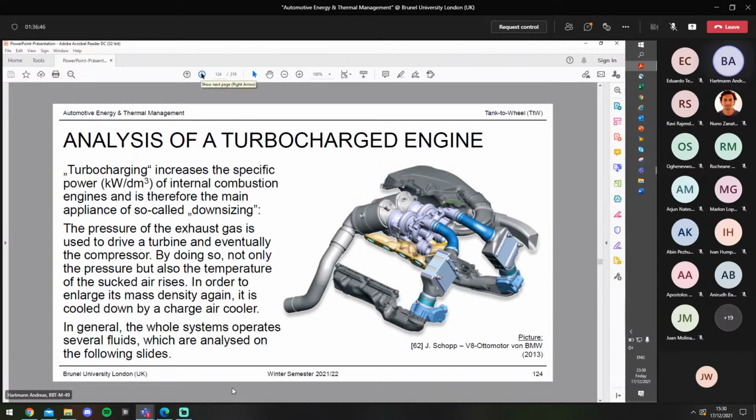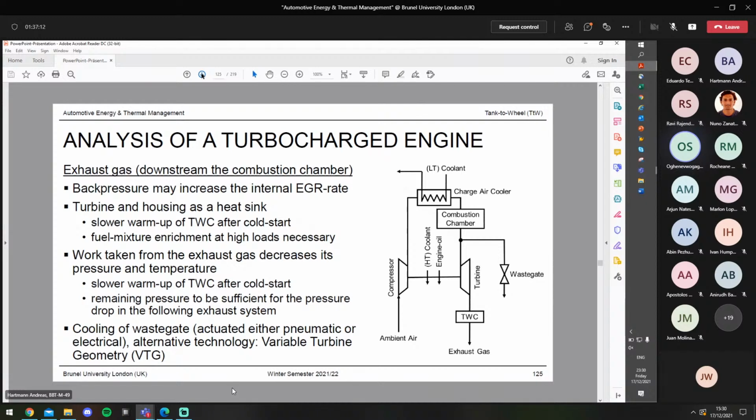Now again, a question to you. So how does a turbocharger actually work, and what is the purpose of the turbocharger? A turbocharger is meant to increase the volumetric efficiency of the engine. So it means that you can apply less power to an engine, then it takes the exhaust gas, rotates the turbine, which also supplies more air to the combustion chamber, increasing the power of the engine.